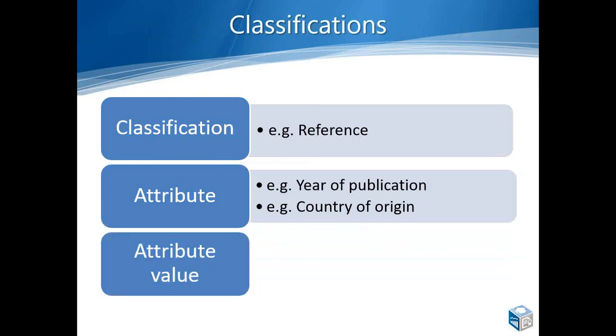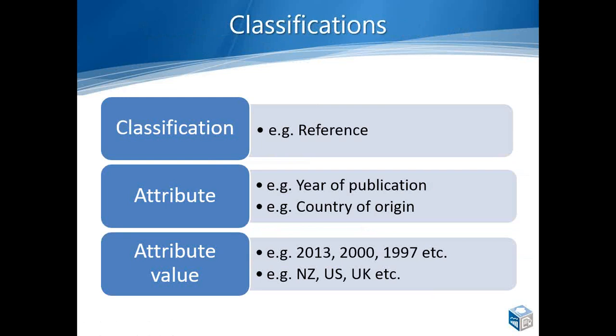And then the third level down would be the more specific values that those attributes can take. So the various years of publication and the various countries that the authors are from. Now, it's you that determines this for your project, so you can include whatever might be useful for the kinds of literature that you are working with.